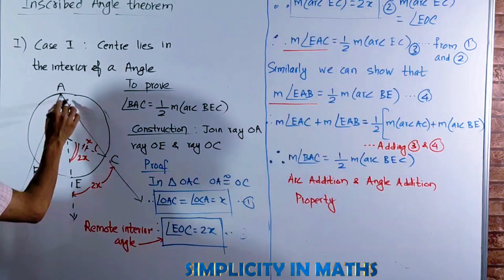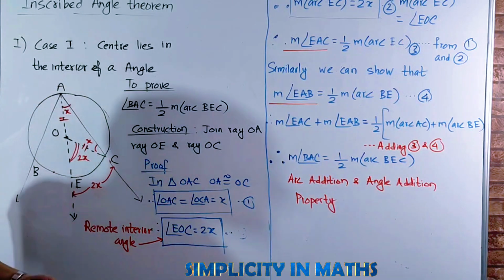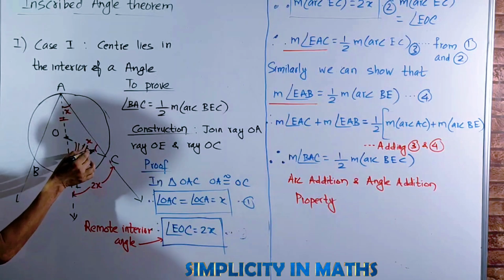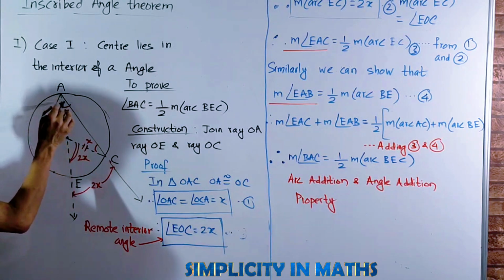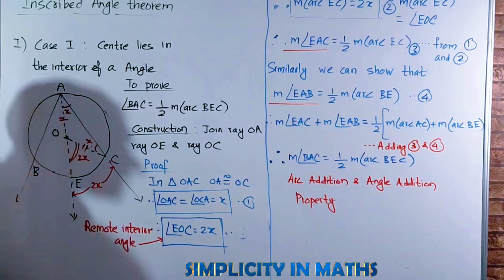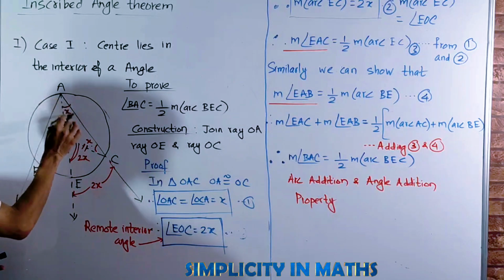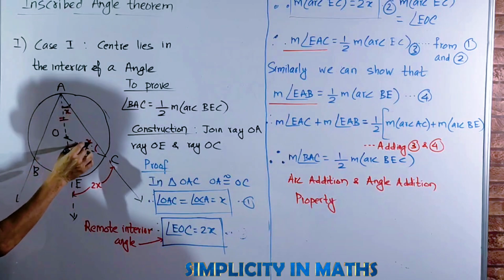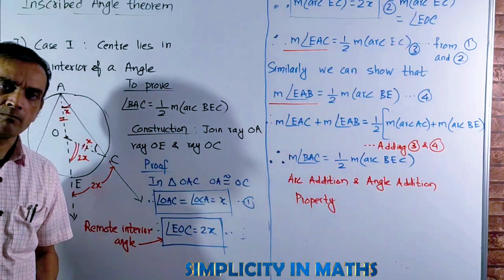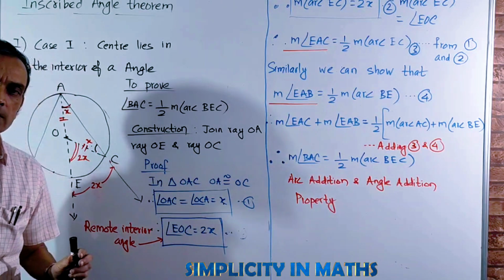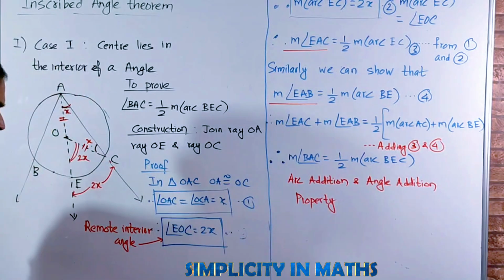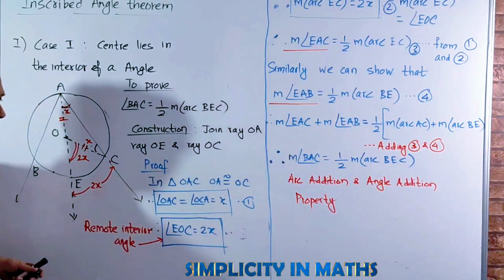In an isosceles triangle you get your favorite property: base angles are congruent. So angle OAC is congruent to angle OCA, equal to x. First we have shown that this triangle is isosceles, then this angle equals this angle equals x. Isosceles triangle theorem: base angles in an isosceles triangle are congruent. You know this property since the 8th and 9th standard. Call it equation 1.